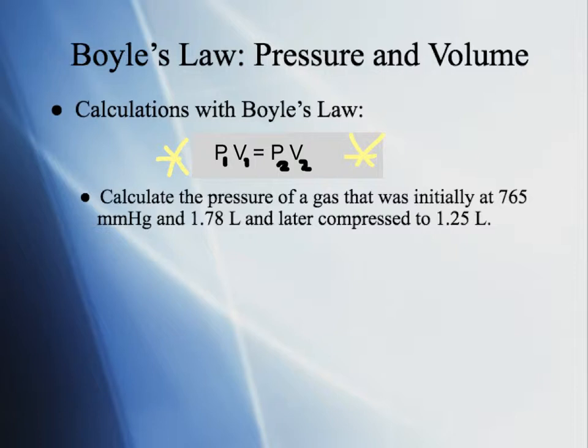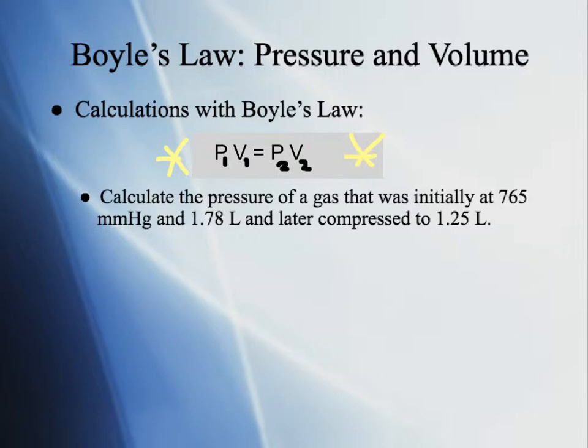If we take a look at a gas inside of a container, before and after, and everything else is held constant, the temperature and the number of molecules, then we can set the initial readings of pressure and volume equal to the final readings of pressure and volume, because they're both going to be equal to the same constant.